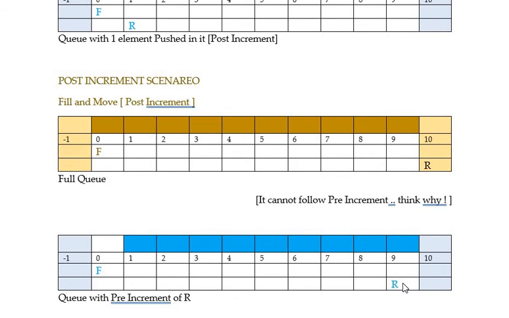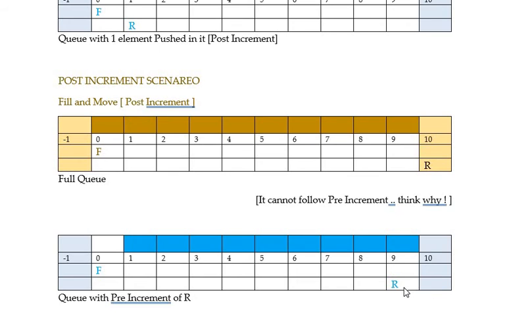That R has reached the last cell. If I want to apply pre-increment, then it will have to first increase and then fill. But is there any opportunity of that? Can it go to 10 and then fill that cell which is out of bounds?